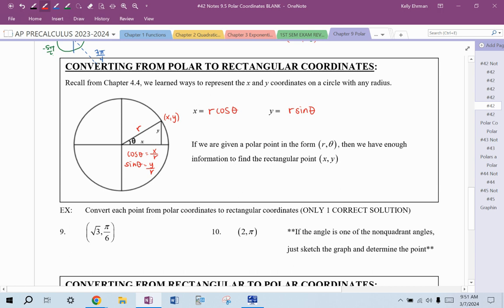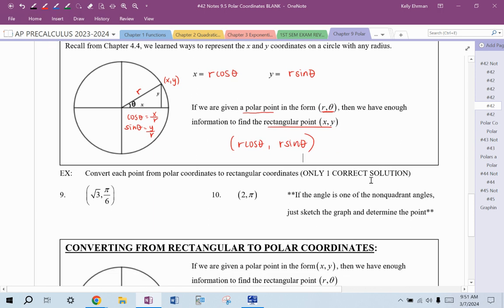On the unit circle, because r is 1, we just say x is cosine, y is sine, but here we've got that r to think about. So if we're given a polar point, which means we're given an r and a theta, then we have enough information to use trig to help us find the rectangular point xy. So this is our formula for finding a rectangular point. It's going to be r cosine theta, r sine theta.